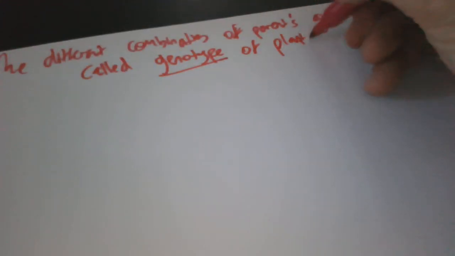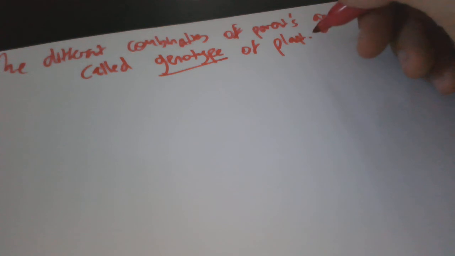Genotypes of the plant or whatever it is, right? And as I mentioned, the possible genotypes of pea plants, remember? Capital T, capital T, big T, small t, and two small t's. This is homozygous, this is heterozygous, and this is homozygous.